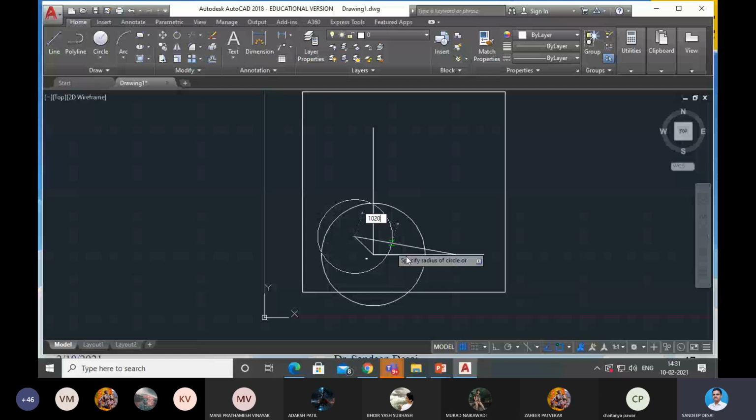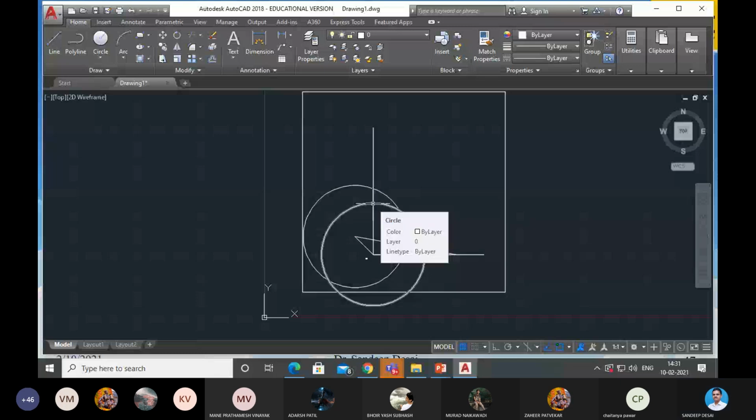1020 mm. This is that point, and from this point, O1, you will get this point.